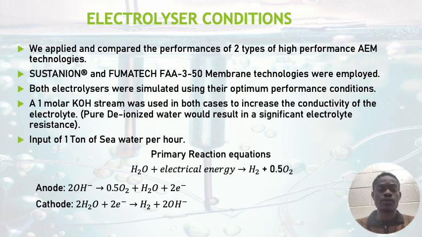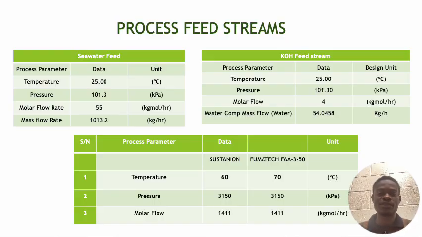Now, for the process feed streams, for the seawater, the selected mass flow rate was about 1 ton of fresh seawater per hour into the system at atmospheric temperature and pressure. For the potassium hydroxide feed stream, we went with about 4 kilomole per hour of flow rate.